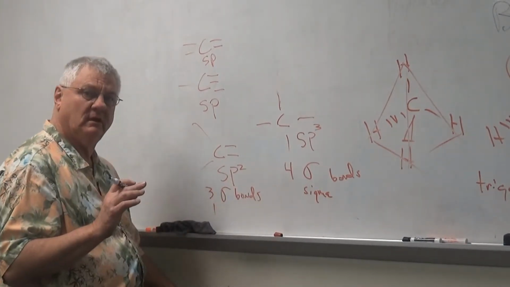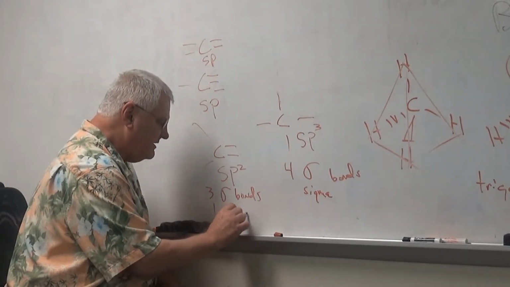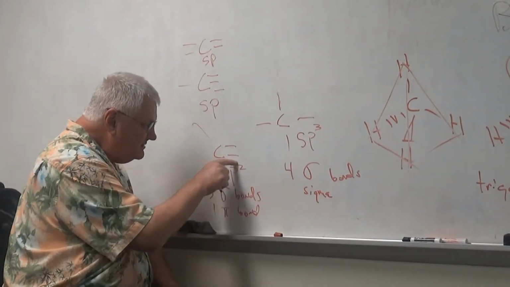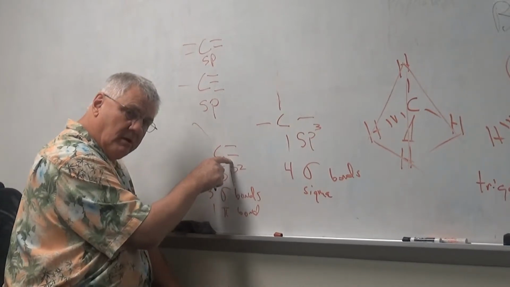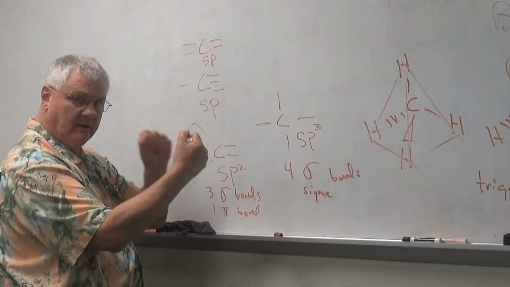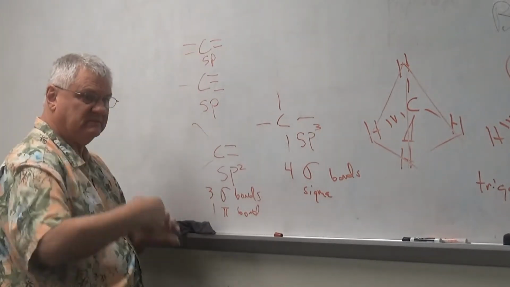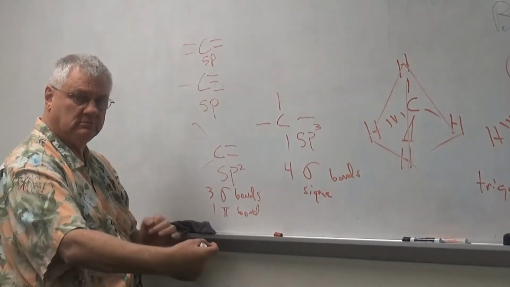what's the other kind of bond we talked about? Pi. Pi bond, okay? Whenever you have a double bond, it's got a sigma bond and a pi bond. The sigma bond is head-on overlap. The pi bond is a result of sideways overlap of p orbitals.